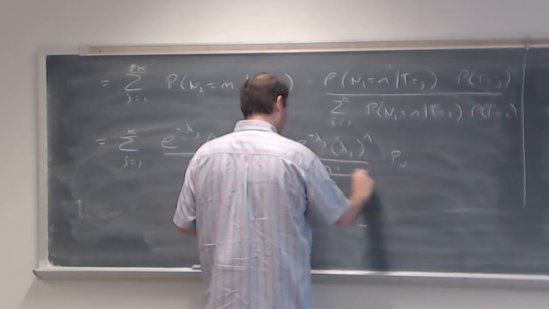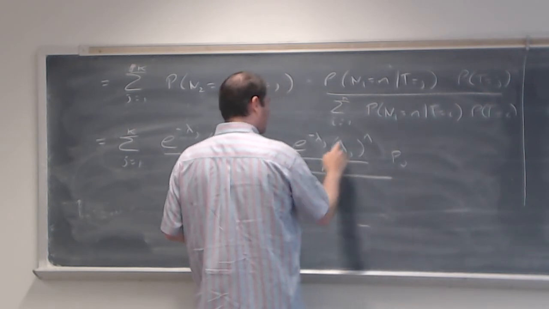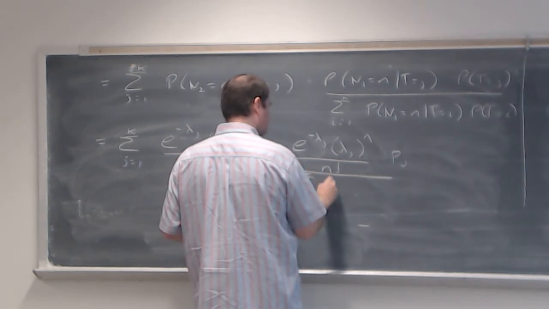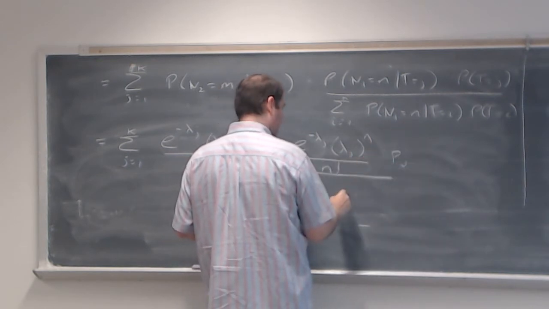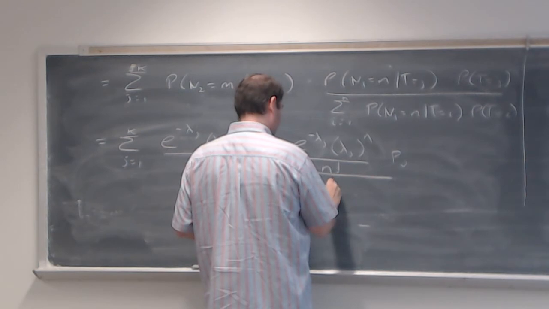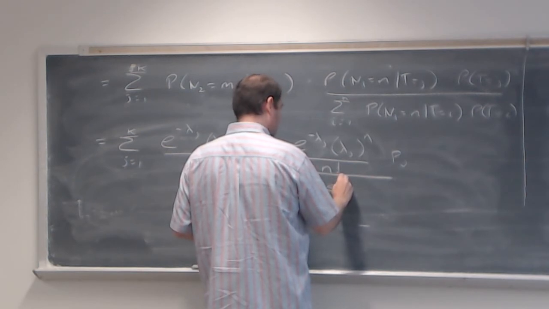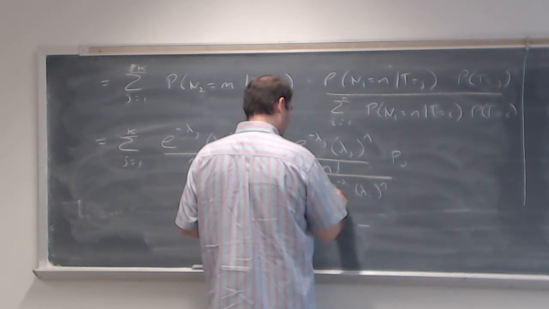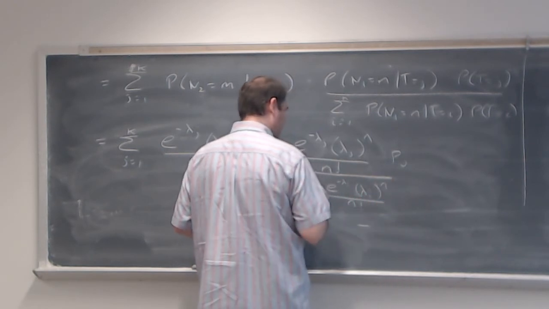And then this is all over, here we've done this, the sum as i runs from 1 to k. This part right here, again, is exactly what's written here. So it's e to the minus lambda sub i raised to the n over n factorial.